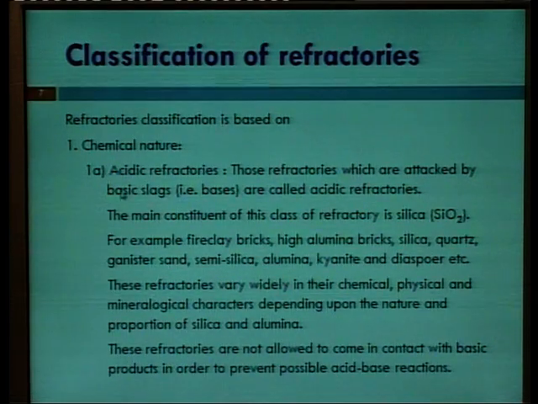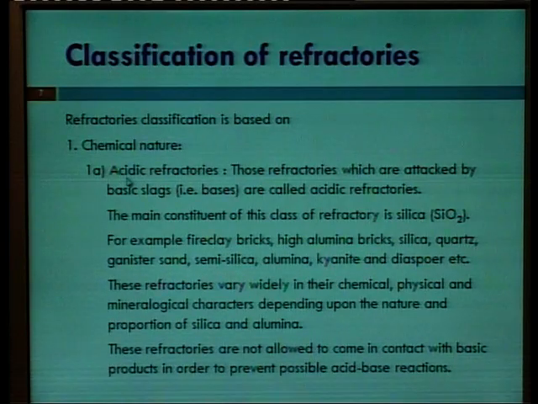Chemical aspects are taken into account. So, how do you define acidic refractories? As the name itself suggests, acidic refractories are those refractories which are attacked by basic slags. See, an acid reacts with a base to form salt and water, that simple logic, a neutralization reaction.